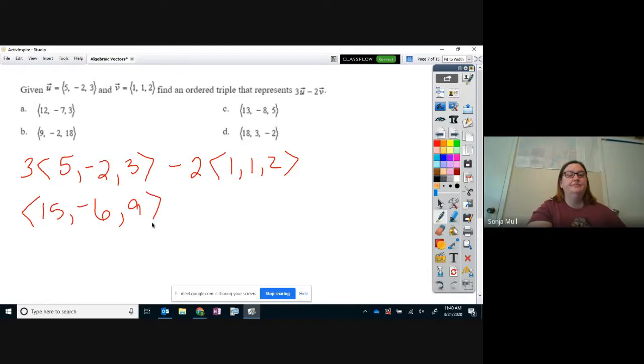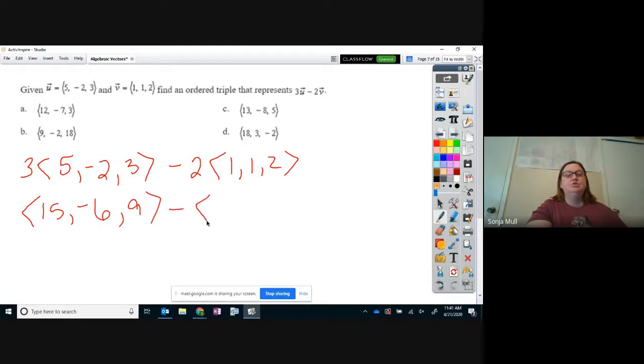Here's a problem where I have vector u and vector v, and I want to find 3u minus 2v. I want 3 times vector u, and this works just like with 2D vectors. I'm going to multiply all these numbers times 3, and then minus 2 times vector v, which is 1, 1, 2. So 3 times 5 is 15, negative 6, 9.